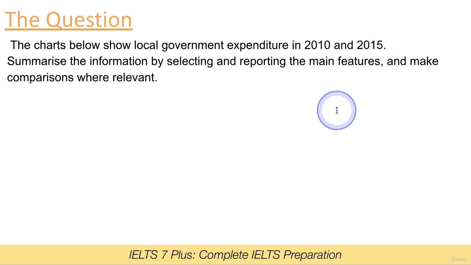We don't want to report on absolutely everything. We just want to report on the main, most striking, most important, most relevant features, and also make comparisons where this is relevant, where this is interesting or particularly obvious perhaps. So again, we're not making comparisons with absolutely everything, we're just doing it where we think is most important.